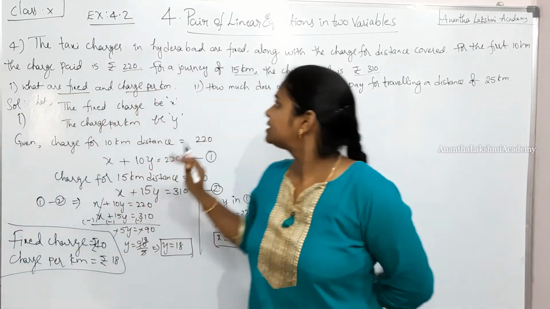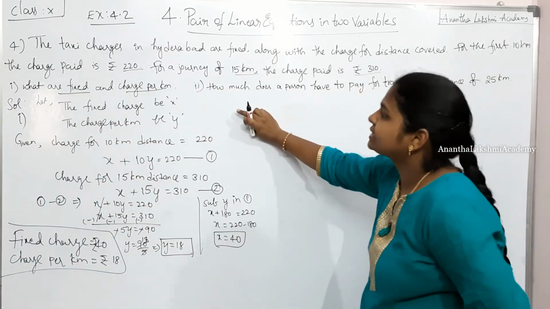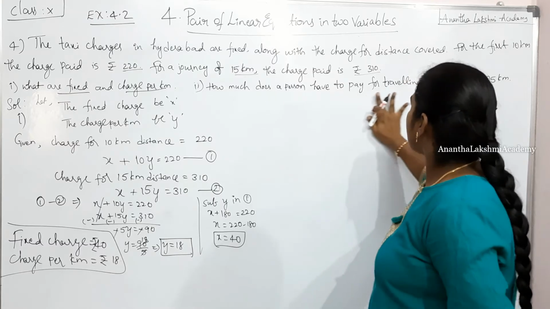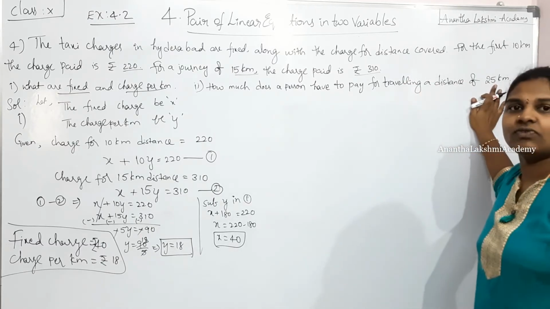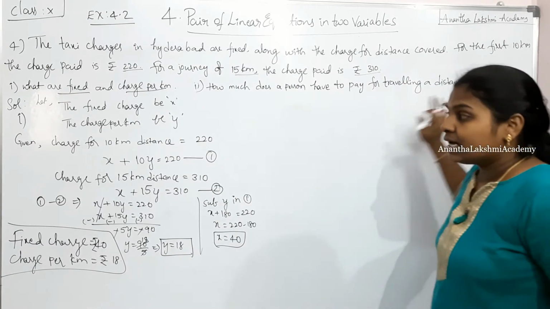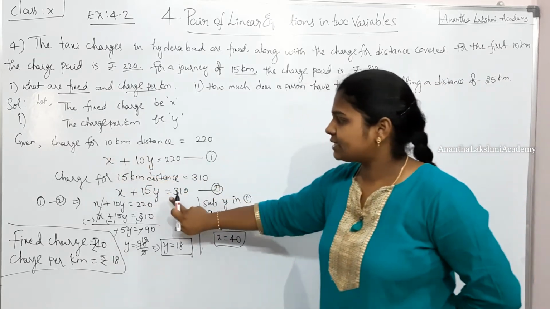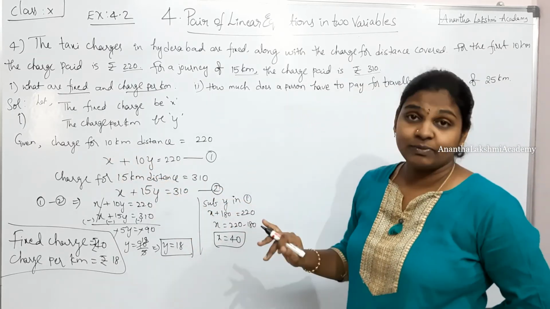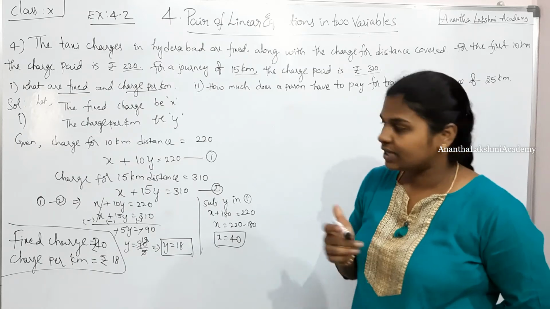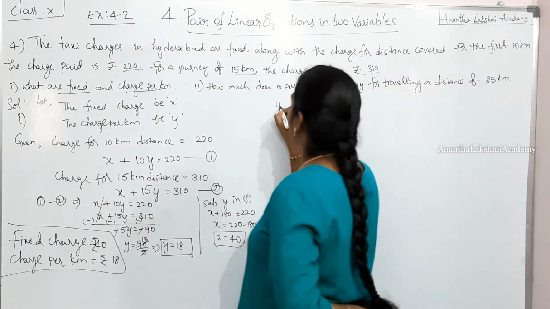Alright, so let's look at the second bit. Now they are asking us, how much does a person have to pay for traveling a distance of 25 kilometers? Now that we did it for 10 kilometers and 15 kilometers, what would be the equation for 25 kilometers? Try to guess that one.